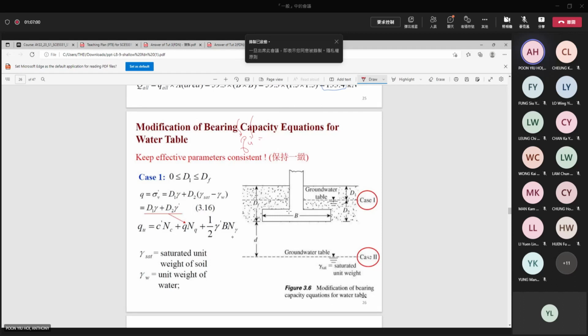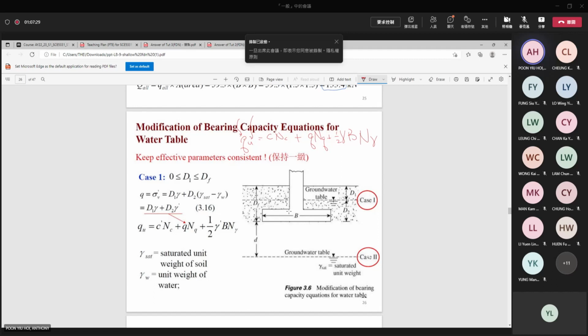We have three parts, right? So how does water affect these three terms, or this formula?